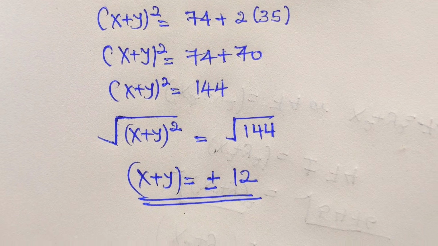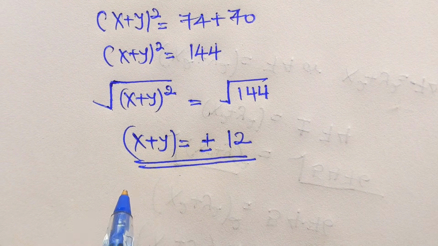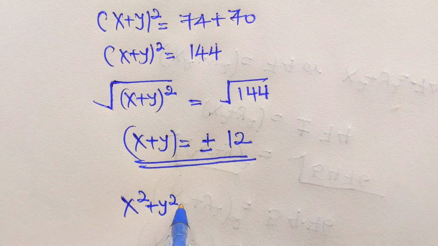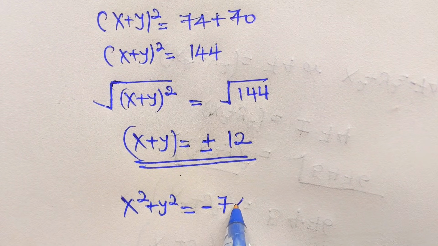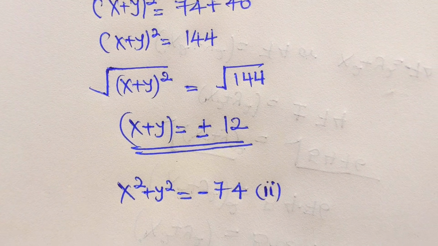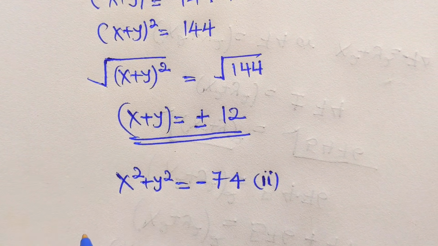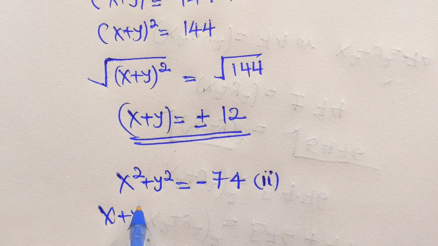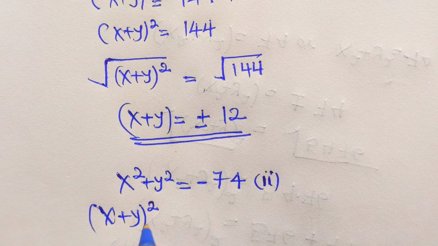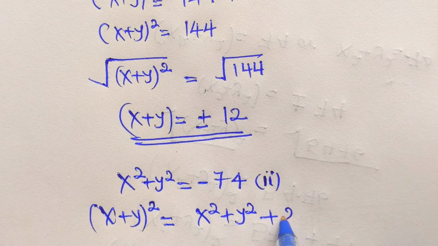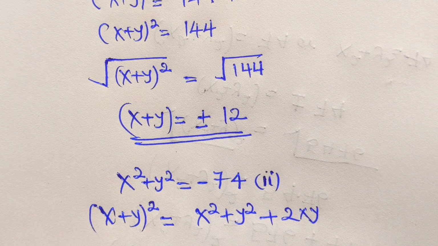What about equation 2, where x squared plus y squared equals negative 74? We do the same: x plus y squared equals x squared plus y squared plus 2xy.